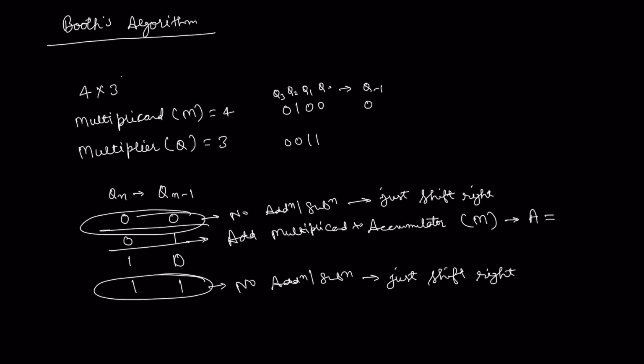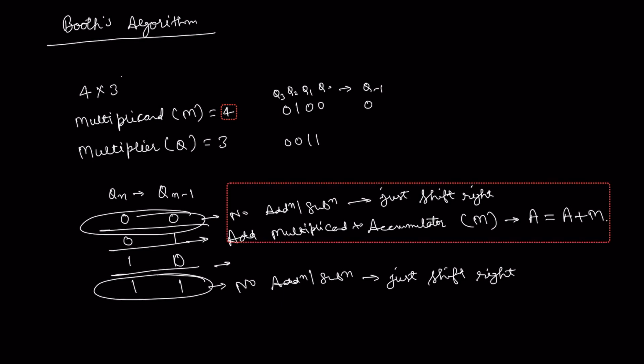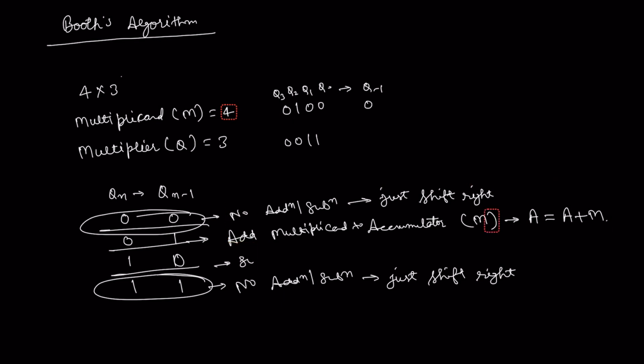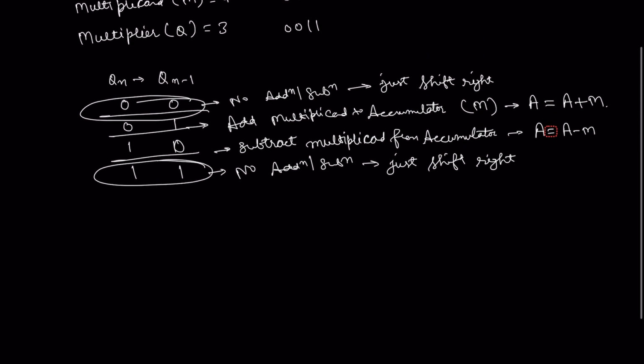That means accumulator will be accumulator plus M. And if it is 10, then subtract multiplicand from the accumulator, that means accumulator will be accumulator minus M. How do we have to think? 01 is a positive bit, so we add; 10 is a negative bit, so we just subtract.